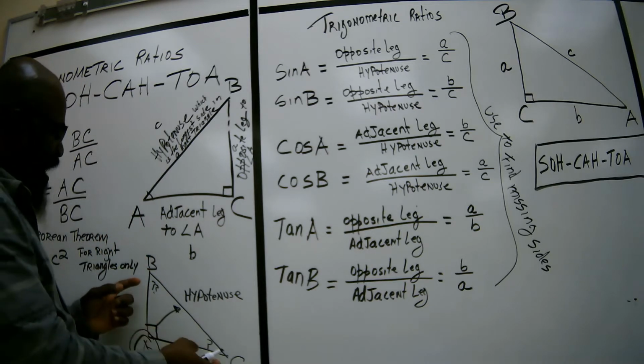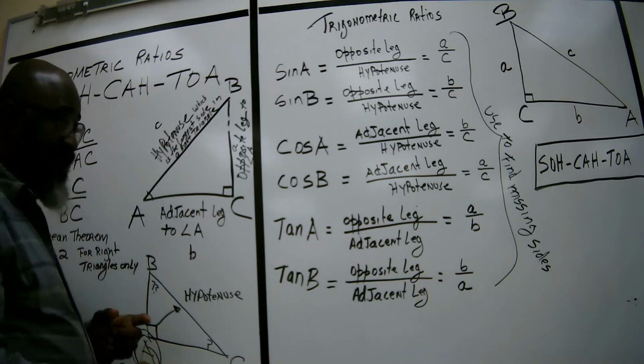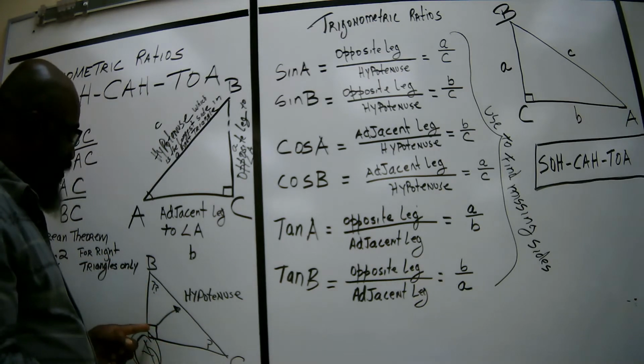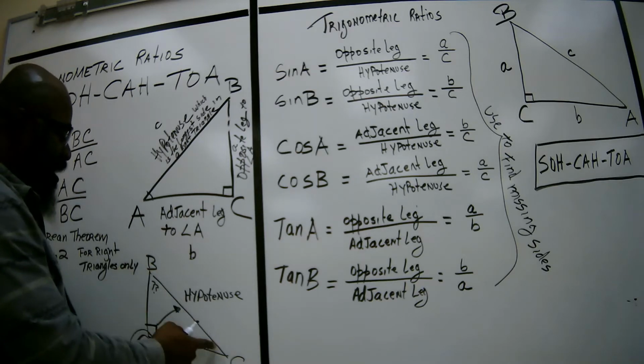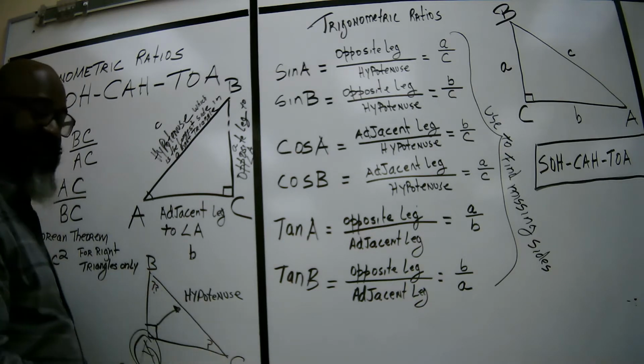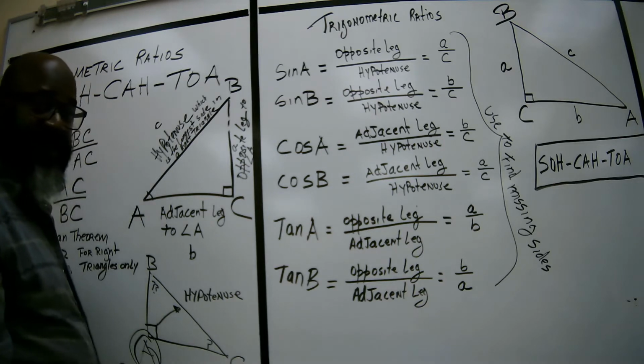Either one may be missing. If I know one, I can find the other, because the sum of angle B and angle C will always be 90 degrees. So if I know any one of the acute angles, I can find the other one.